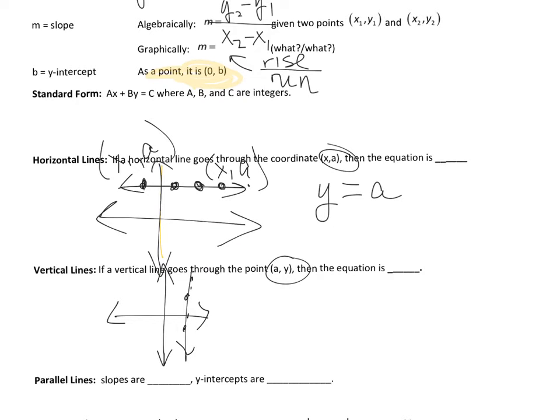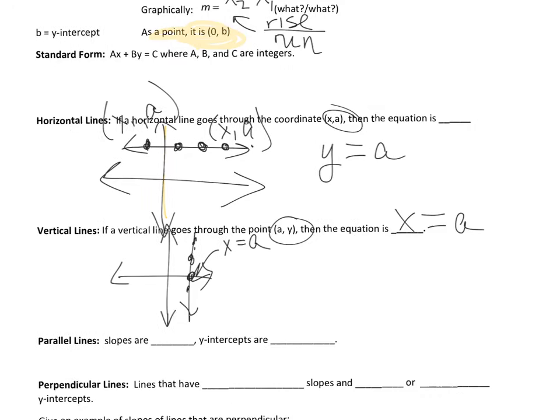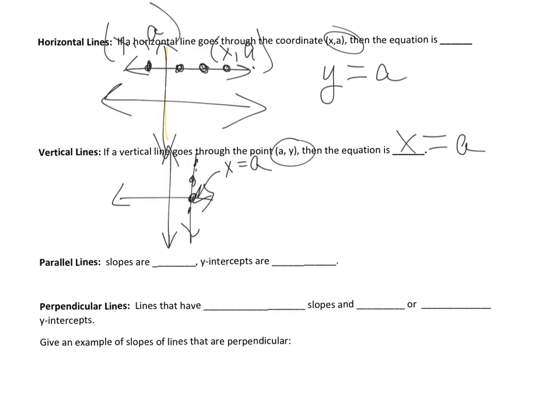So this right here is the x value of a at that coordinate, where it crosses the x-axis or anywhere else, meaning every value of x on the vertical line is a. So the equation of a vertical line is x equals a. Very, very simple. If they give you a horizontal line through the point (2, 4), you simply look at the y value: y equals 4. And for a vertical line, the opposite, you just look at the x value.